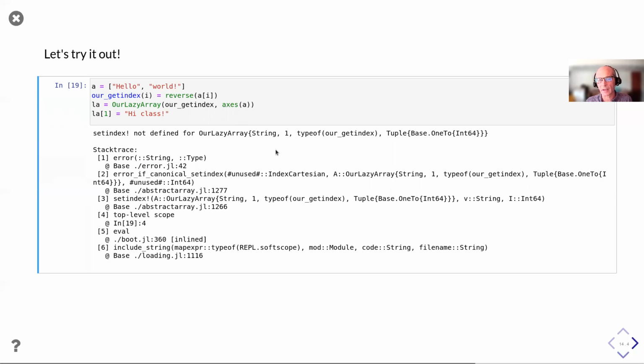And in general, with lazy arrays, there are a few exceptions, but most lazy arrays really aren't a good way of setting values because the values that come out of them arrive by a process of computation. And so there isn't any real place in memory to store the value that I tried to assign to it. Again, there are exceptions. There are some lazy arrays where there's essentially an inverse mapping in which you can set the values in the parent.